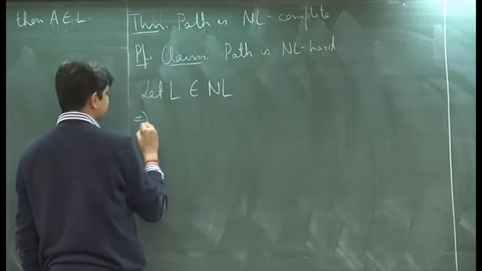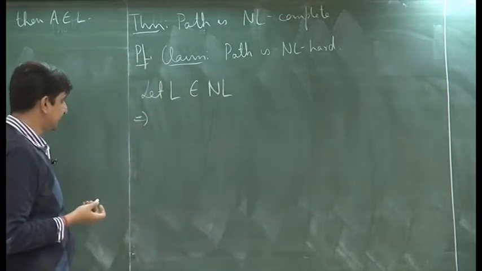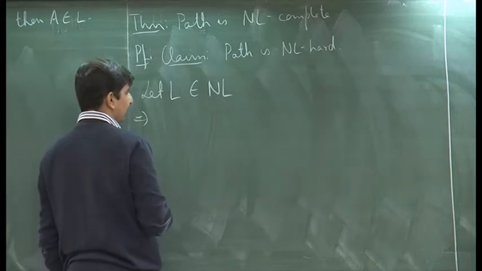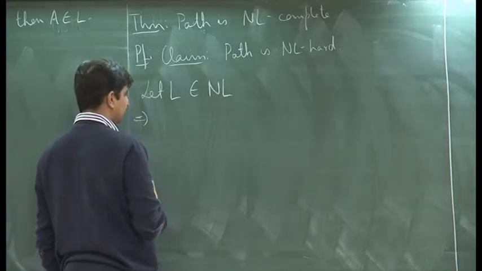Okay. So, this means that there is some non-deterministic machine which is deciding L and which is log space bounded.